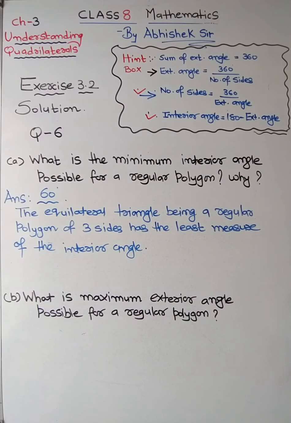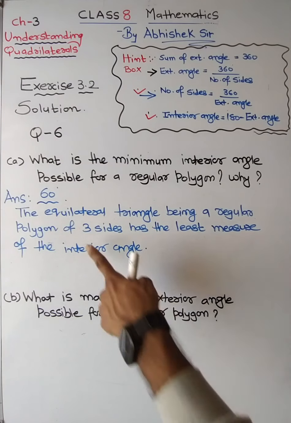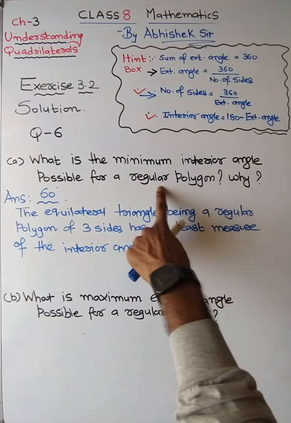Why? Because the least number of sides in a polygon is possible only in a triangle, and they have asked for regular.